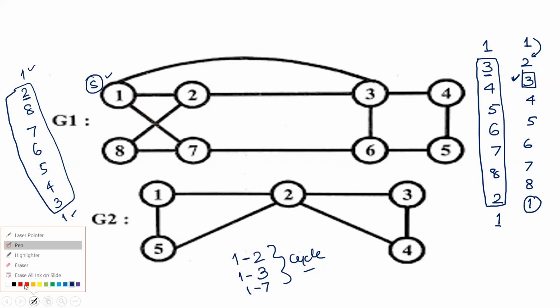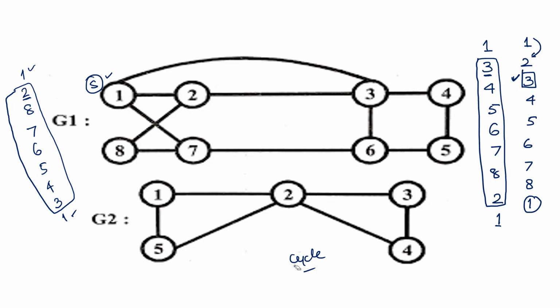Let us try for another version, that is 1 to 7. So if you start with 1, go to 7, there are options like 6, 8, and 1 is not allowed.